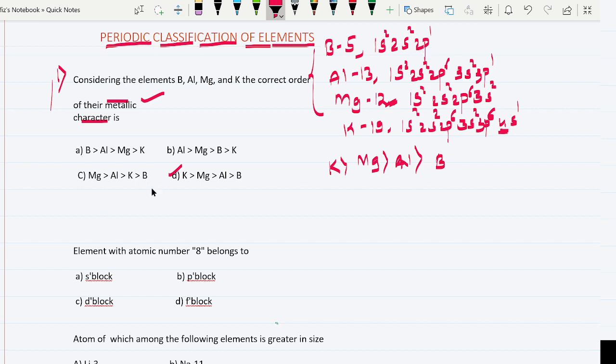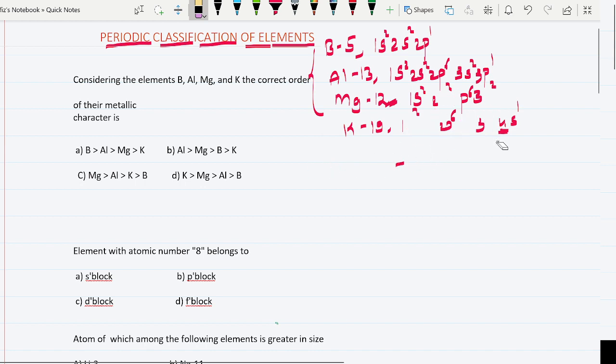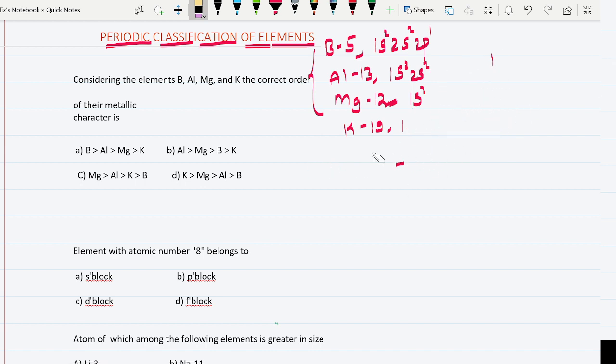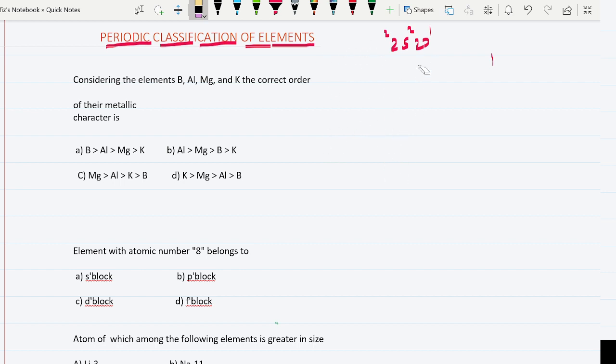Means option D is going to be the correct answer for this question. So just try to understand the trick or the method to approach such questions. Okay, hope you got the trick in doing such questions.